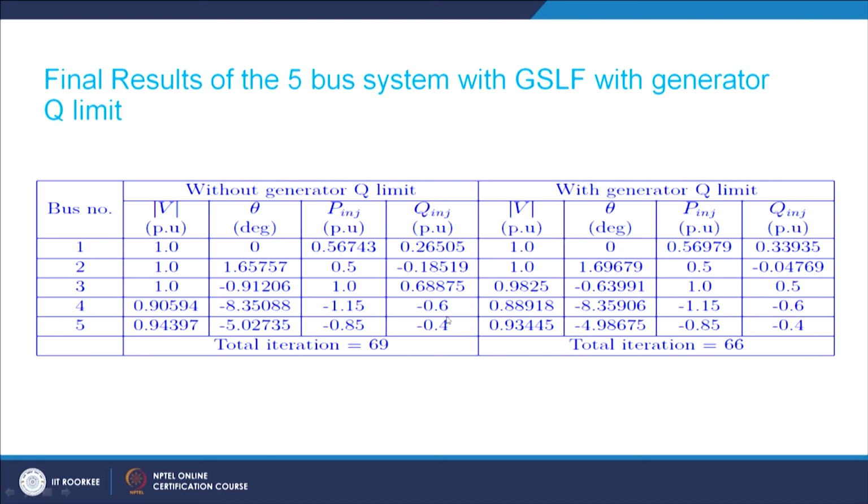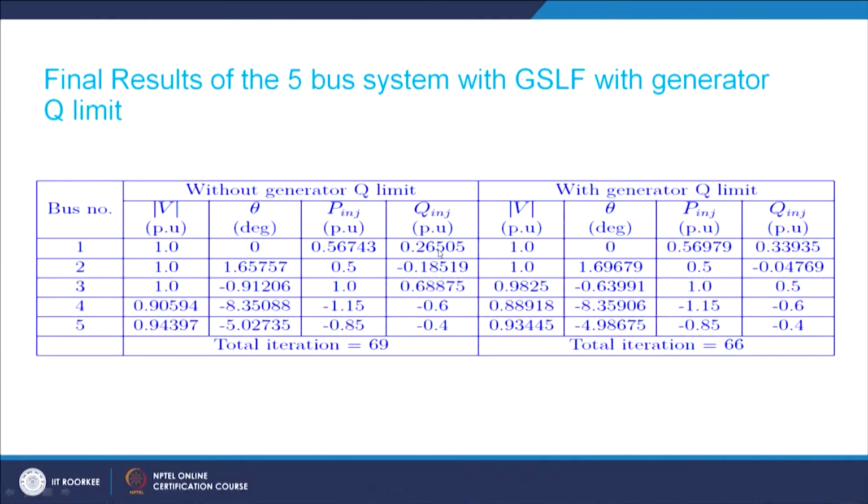This value is something like 118.519 MVAr, but the total amount of reactive power which is being injected, or rather generated by the generators, here it is 26 and it is 68. So, it is coming out to be something like 94 point something, or let us say roughly 95 MVAr.